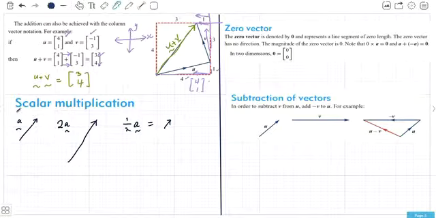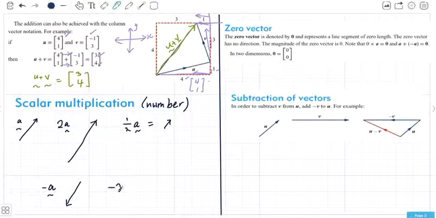When we say scalar, this is talking about a number. You're multiplying by a number. We will talk about multiplying by vectors as well. If we had A again, we can do -1 times A, negative A. It's a vector that's exactly the same length as the original vector, but it's going back the other way. It turns around.